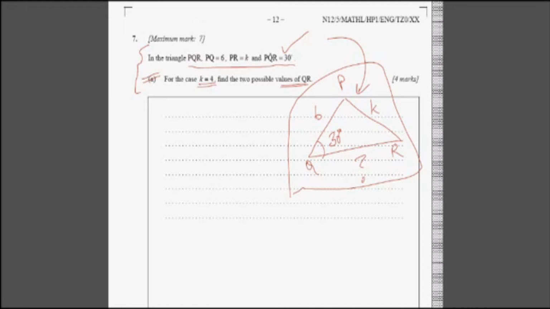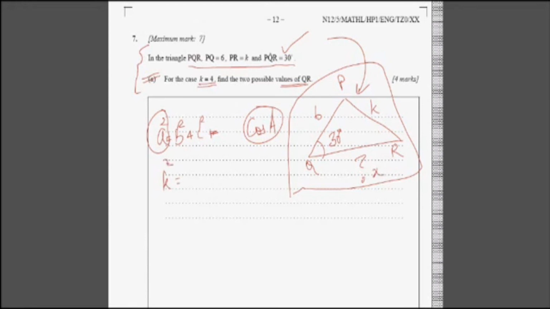Now you know three sides and one angle. Start with cosine. But you have to be very careful again with cosine. Cosine should start with a square equals b square plus c square, and the angle you are using should be opposite to the side you have taken here. Therefore the angle here is 30 degrees, and therefore you have to start with k square equal to. Don't start with this x.